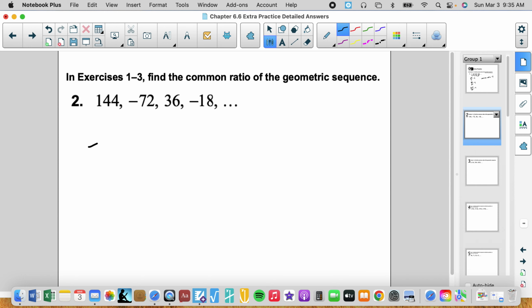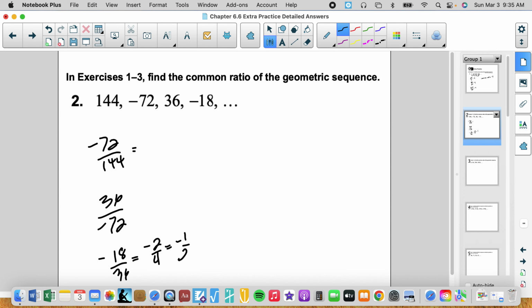We have negative 72 over 144, 36 over negative 72, negative 18 over 36. 9 goes into that negative 2 times, so that's negative 1/2.